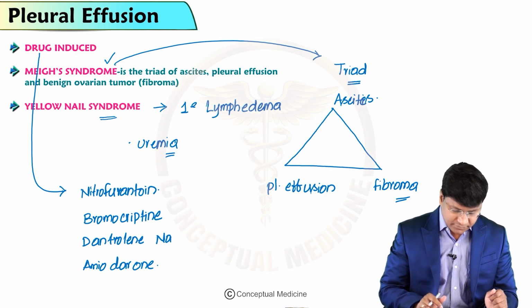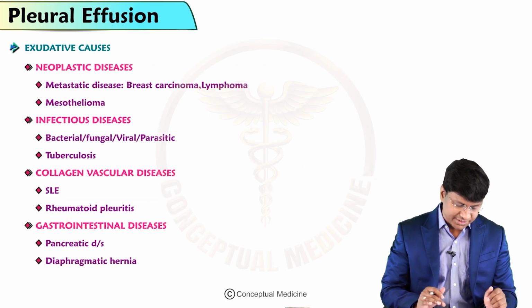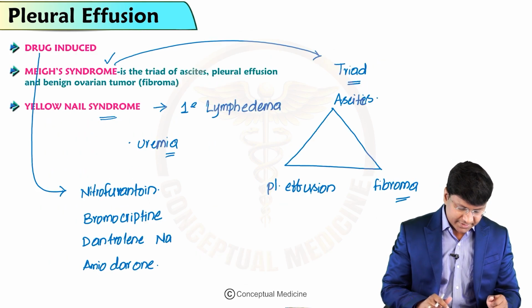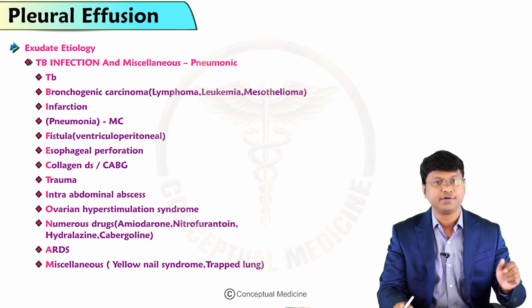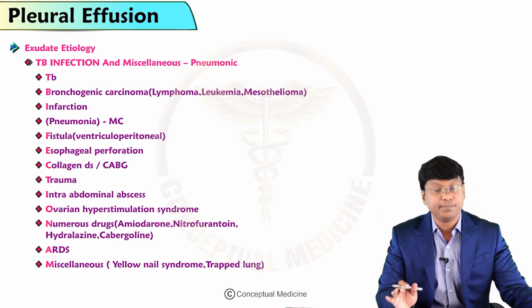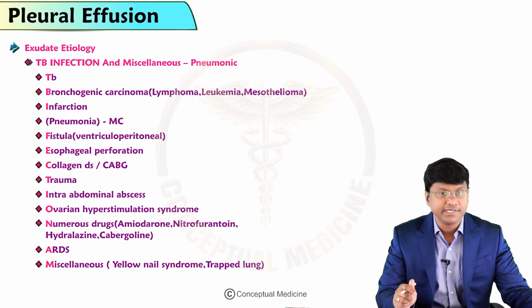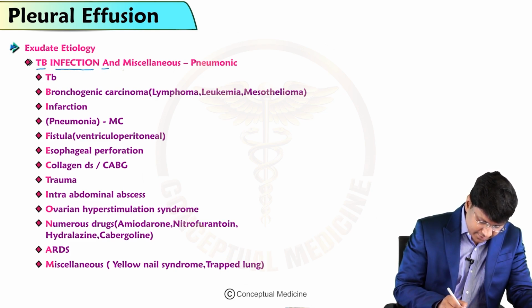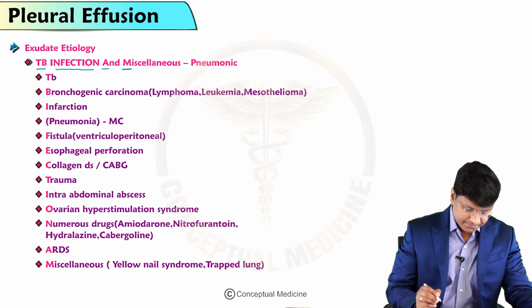And because there are many etiologies, let me give you a mnemonic for you to remember all these exudative type of pleural effusion. One of the very important etiologies which will cause the exudative type of pleural effusion is tuberculosis. So the mnemonic is TB infection and miscellaneous.